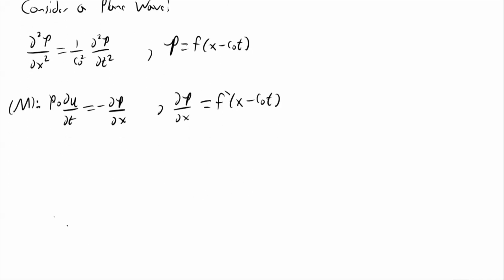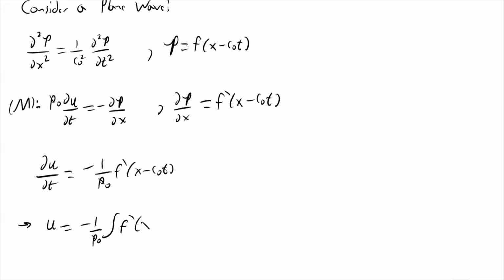Then we can solve for du dt as simply negative 1 over rho naught times f prime of x minus c naught t, which then we can solve for u by taking the integral on both sides with respect to t.